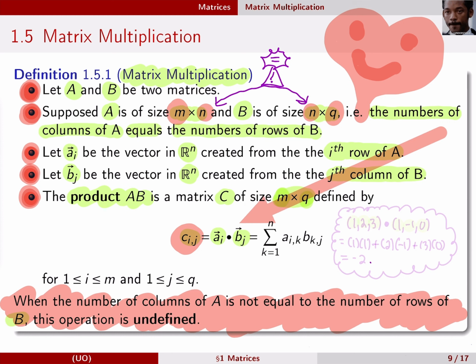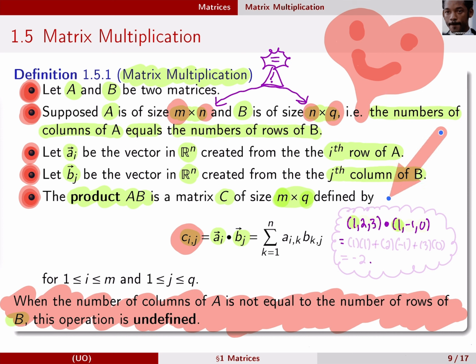If you don't remember how to do a dot product, don't worry. I'm going to do a lot of examples in a moment, but just a quick example. For example, if I have 1, 2, 3, so a vector in R^3, dot the vector, let's say, 1, minus 1, 0. The way you compute this dot product is simply by taking the first number of the first vector and multiplying it with the first number of the second vector.